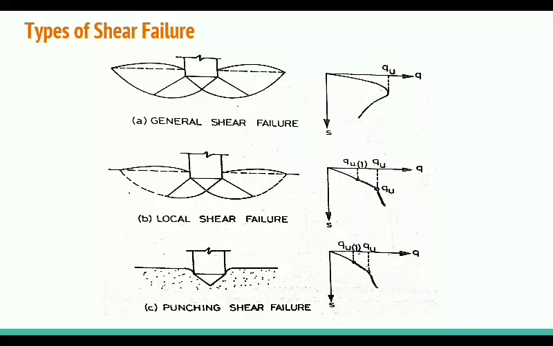This value of load intensity, Qu, is called the ultimate bearing capacity of the soil. A heave on the sides is always observed in general shear failure, because in this case the failure surface always extends up to the ground.